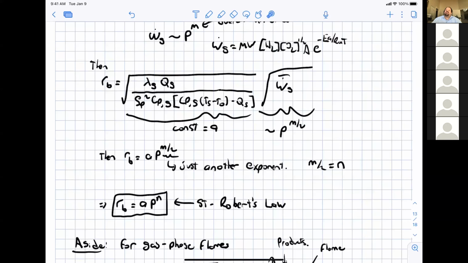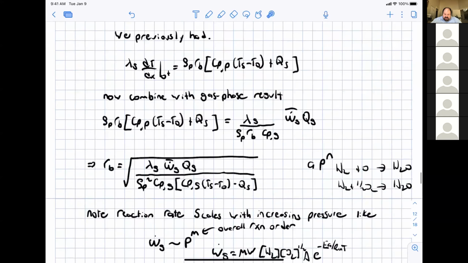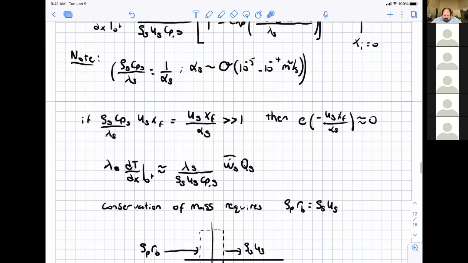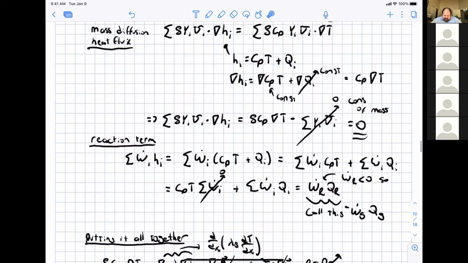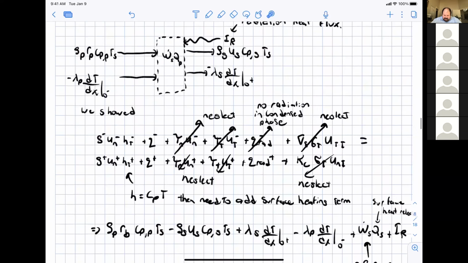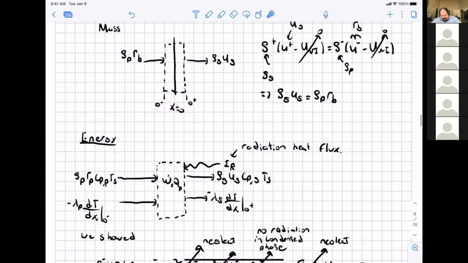If you increase the surface heat flux, and we basically neglected that effect, but if you increase the surface heat flux via radiation or a laser, which is radiation, you will in fact increase the burning rate of the propellant, because you are adding more energy into the condensed phase side.